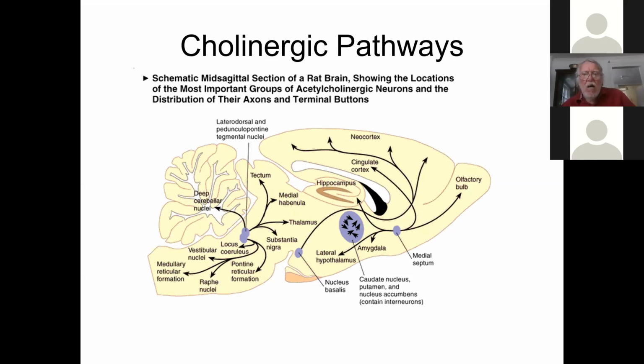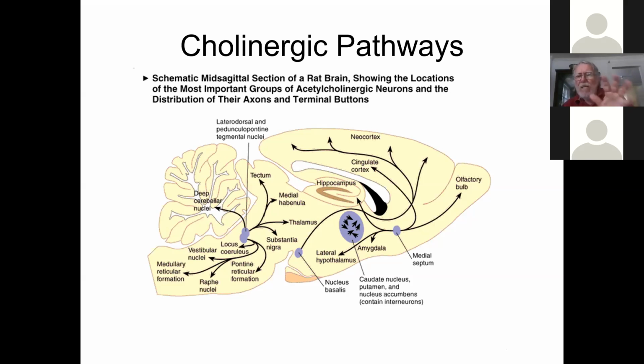The way we have basically looked at the cholinergic pathway is by the activity of acetylcholinesterase. Acetylcholinesterase is the enzyme that breaks down acetylcholine in the synapse. And one could see acetylcholinesterase virtually all throughout the brain.